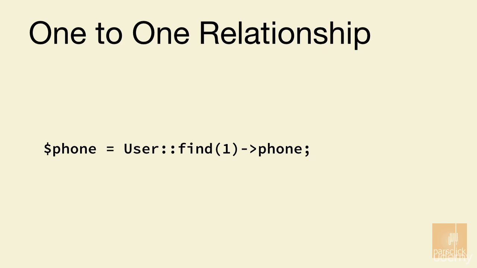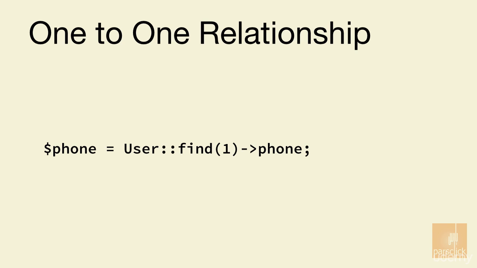And inside the find method, we pass a 1 as an argument, and 1 is just an ID. So we find the user by ID 1, and if you want to see its phone, all you need to do is pass the phone with that separator, which is like an arrow. I usually call that arrow.